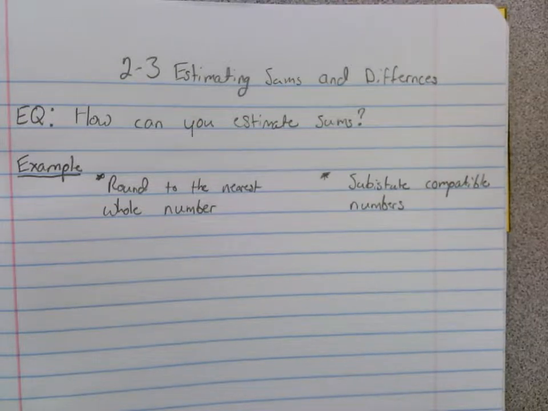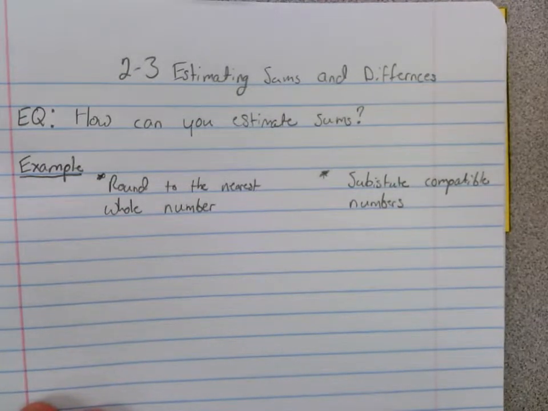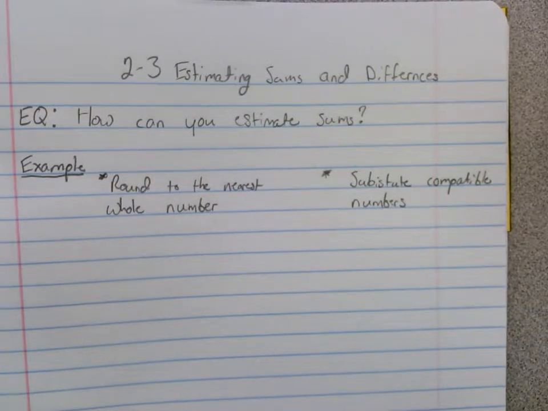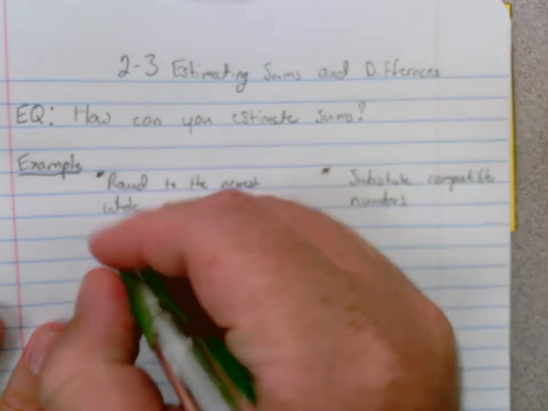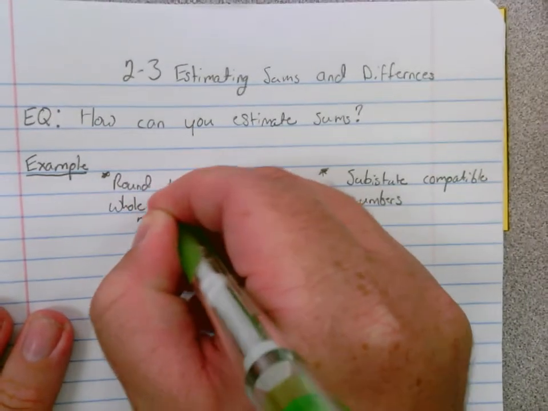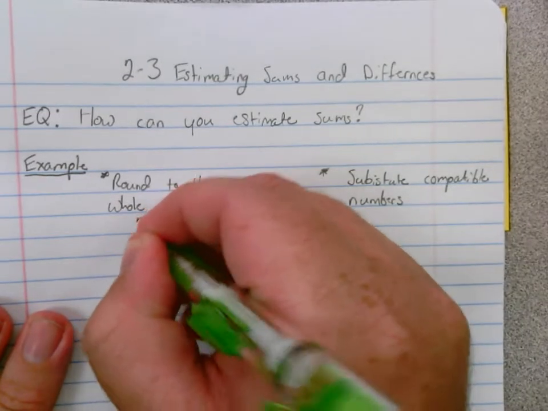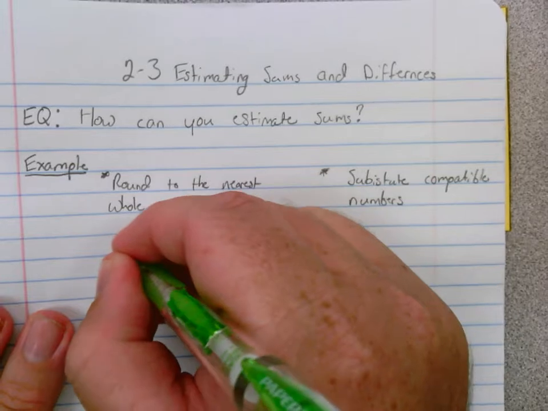So the first thing we're going to do is find the estimated sum of dog food collected in weeks 3 and 4 by rounding to the nearest whole number. If I look at week 3, I have 23 and 7/10 of a pound. And in week 4, they raised 34 and 5/10 of a pound of dog food.